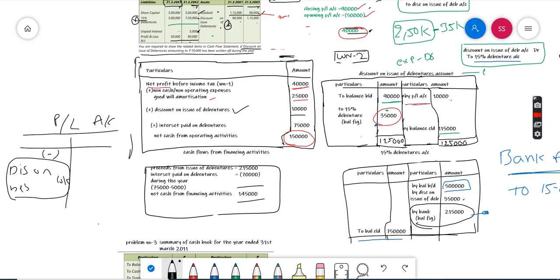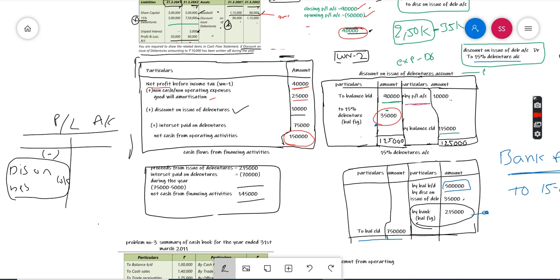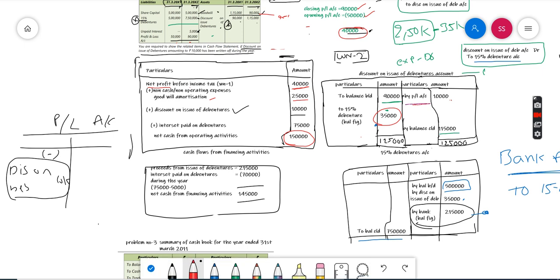Okay. And then interest paid on debentures, we have paid interest also, right? So how much in total? 5 lakh into 15%, which is already given here. So that means total interest is 75,000.